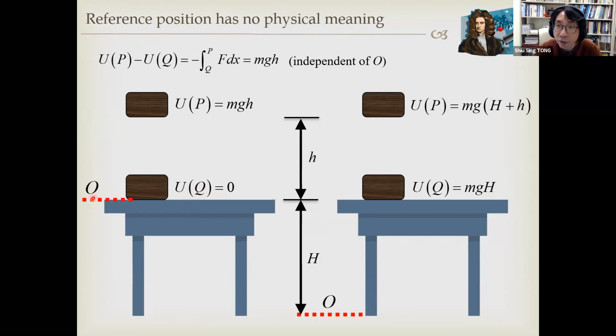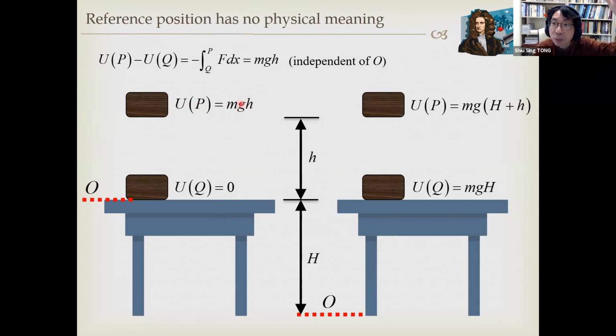So what would then be the potential energy at a height h above the table? If I raise the object up by a vertical height of h, what would be the potential energy at the higher level? We call this position P.